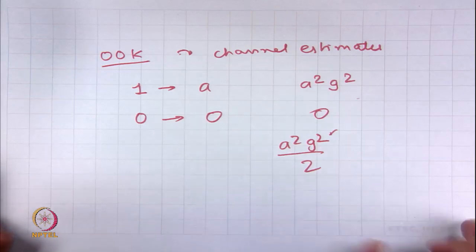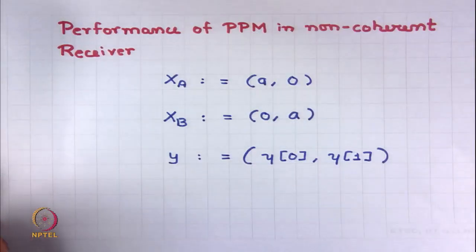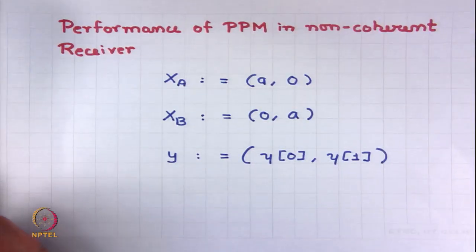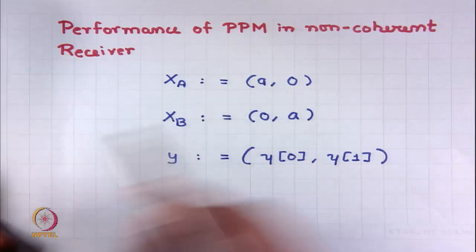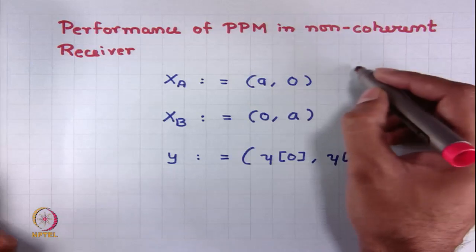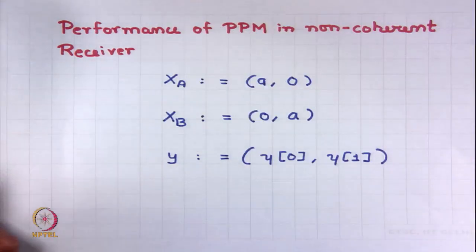But now we are going to see a scheme like PPM, where you do not have to know anything about the channel. In PPM, let us say again we are focusing on binary PPM.